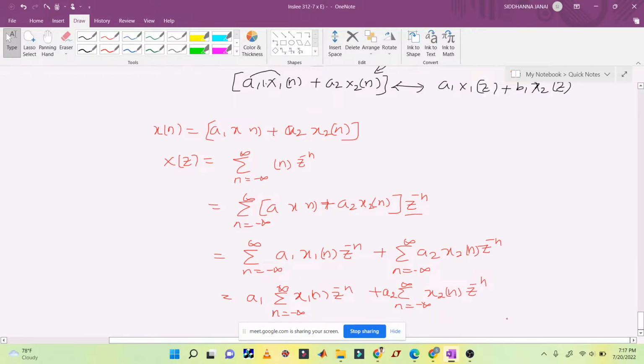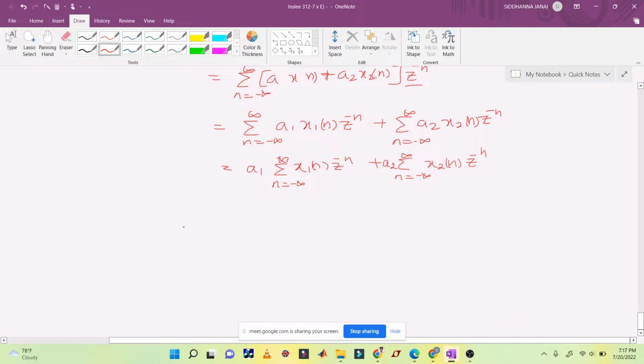So you know what this equation is and what this equation is. What is this? A1 multiplied by, we are taking Z transform of x1 of n. We are taking Z transform of x2 of n. So I can write this as a1 x1 of z plus a2 x2 of z.